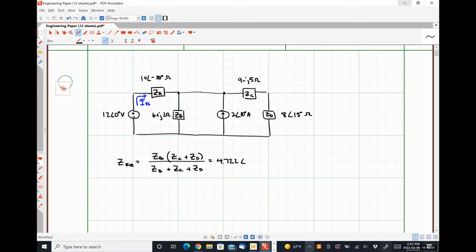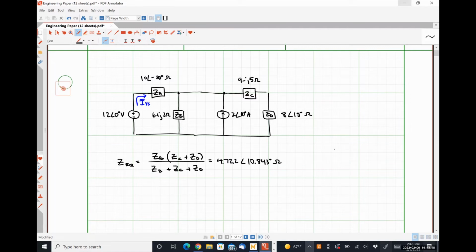I'm sorry, what? Okay. So all I'm doing here, just to be clear, is I'm saying that the impedance ZB is in parallel with the series combination of ZC and ZD. Okay.